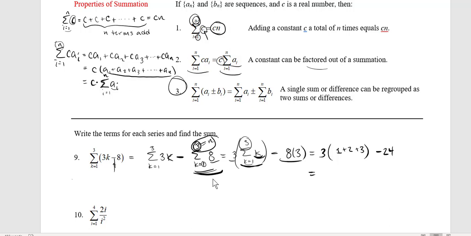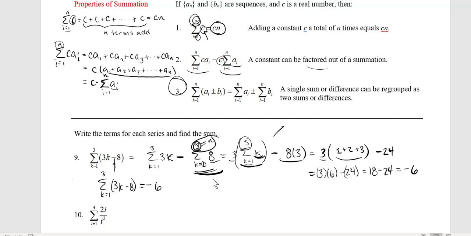What do we have? 3 times, looks like 6 sitting here. Equals 18 minus 24, which is negative 6. So this sum, if I did add up all these numbers, equals negative 6.